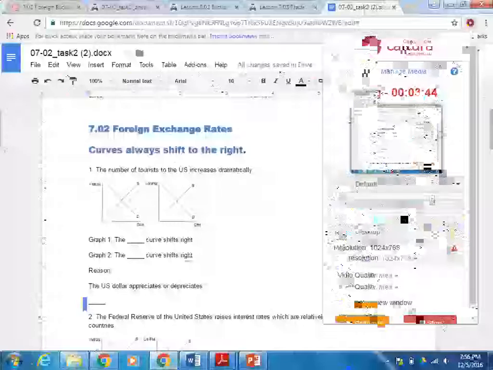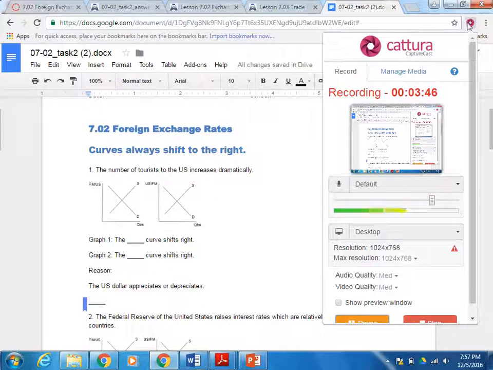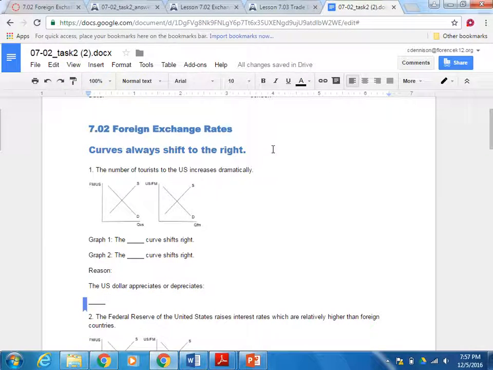That's why the demand curve shifts here and the supply curve shifts over here. The reason for that is tourists are going to trade their foreign money to get U.S. money because there's more of them in the U.S. So you can just write: tourists are going to trade their foreign money for U.S. dollars.